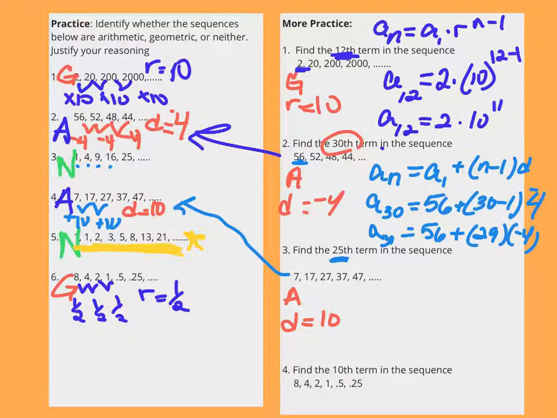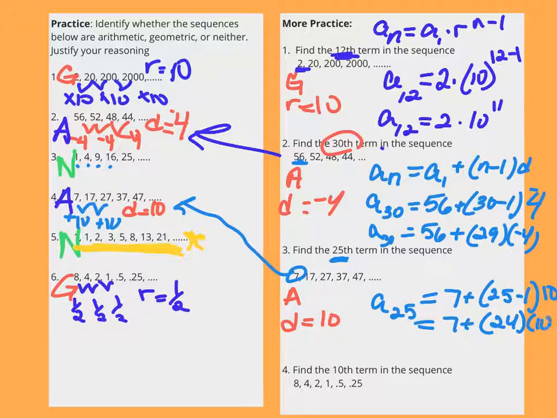So when I go ahead and apply my explicit formula, I'm going to look at a sub 25 is equal to the first term, which is 7, plus the n minus 1, so I have 25 minus 1, times the d value, which is 10. So I'm looking at 7 plus 24 times 10. I can do that calculation in my head, so I'm looking at 7 plus 240. So my 25th term is going to be 247.